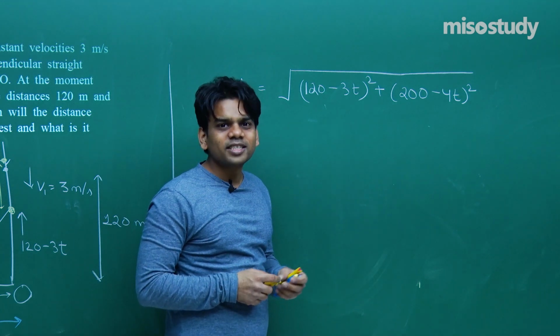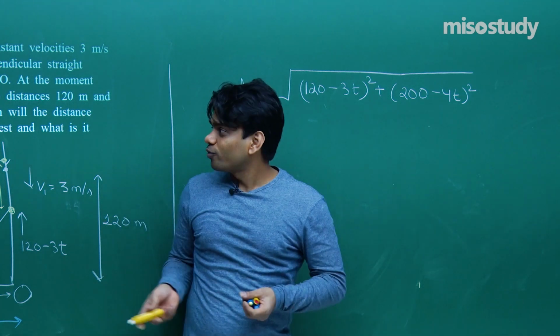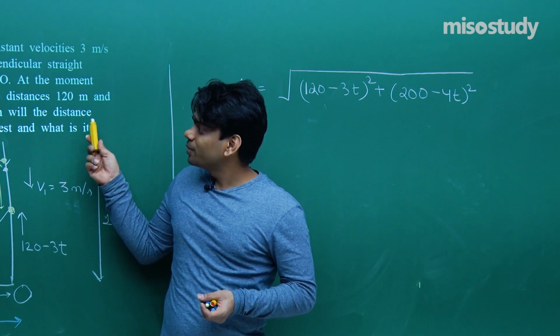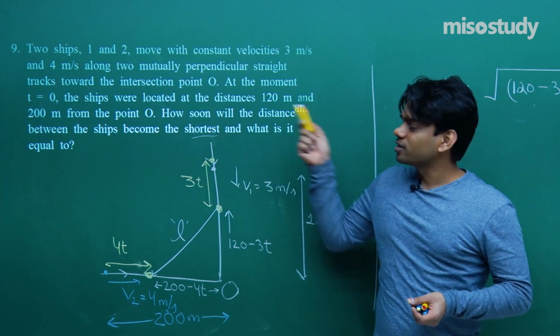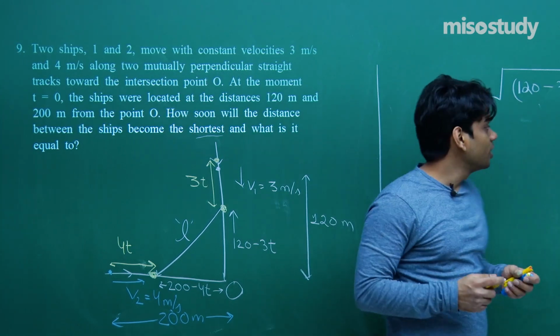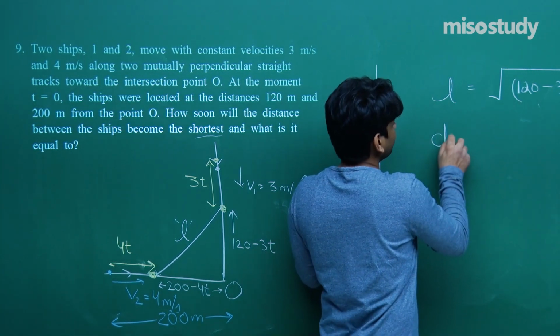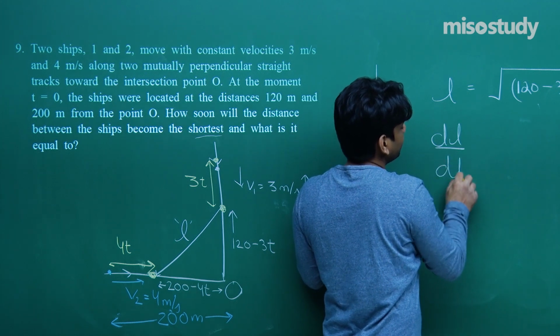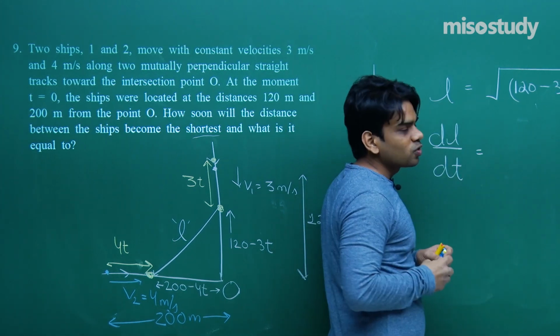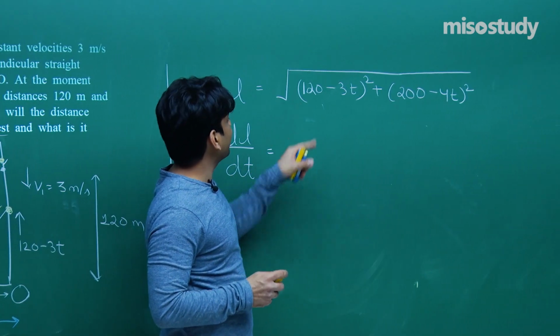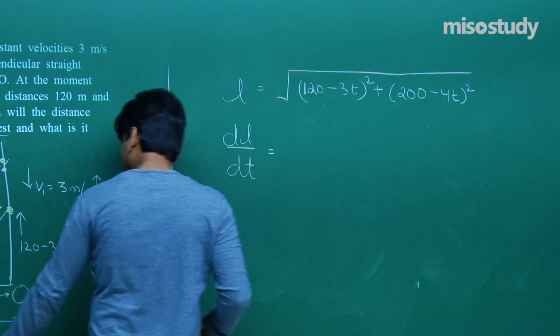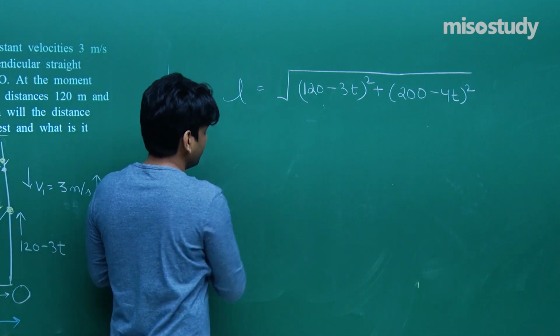It's a case of maxima and minima. We have to find out how soon the distance will be the shortest, and before that we have to find the shortest distance in the given time. So it's a case of maxima or minima, so dL by dt. First of all we need to solve this. Let me show you how L can be written so that differentiation will be easy.